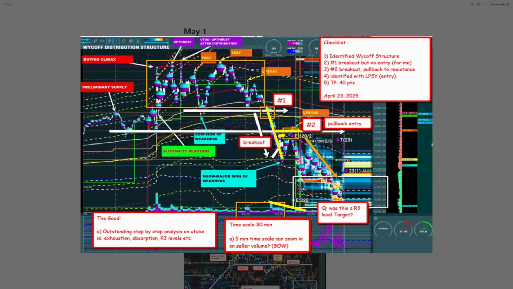So this is looking pretty good because you've got some structure in here too. It doesn't come all the way up to this structure here, but it does come to this structure here, which looks like the open. So this is a test below the open, retest, and then follow through. And he waited for it. I really like that.